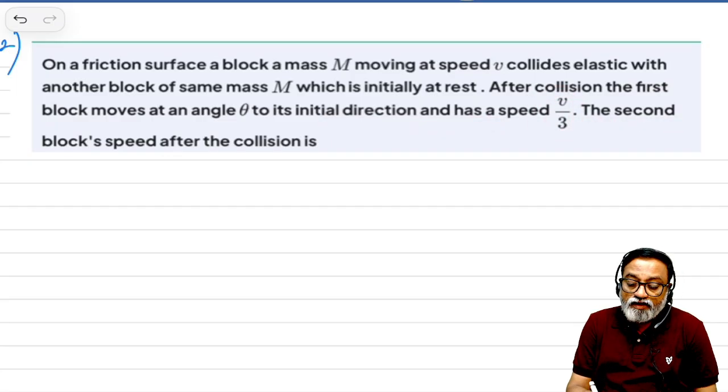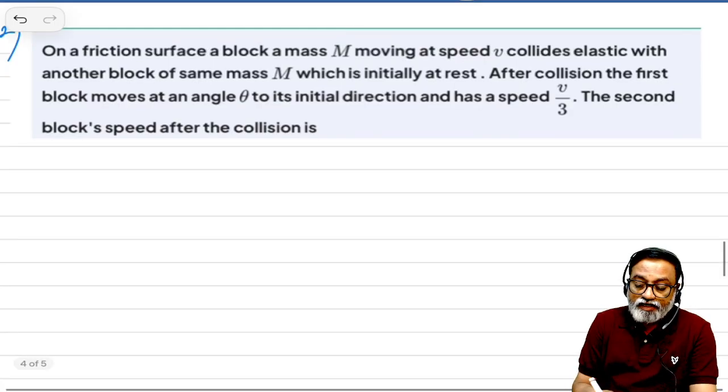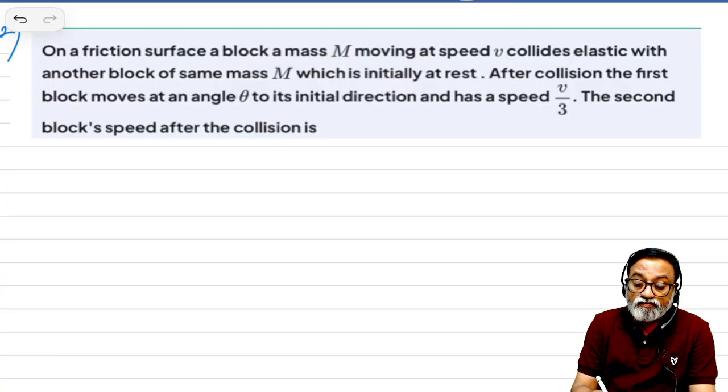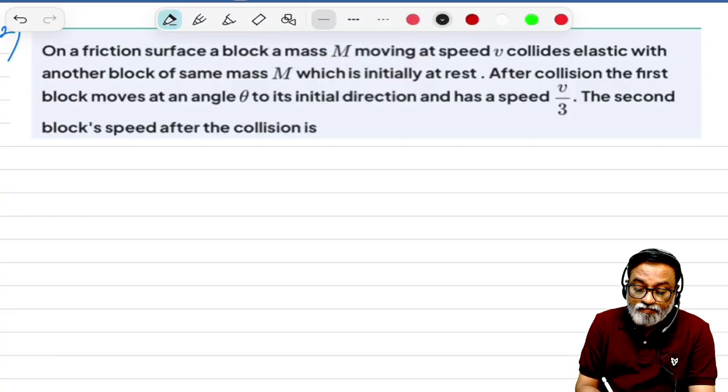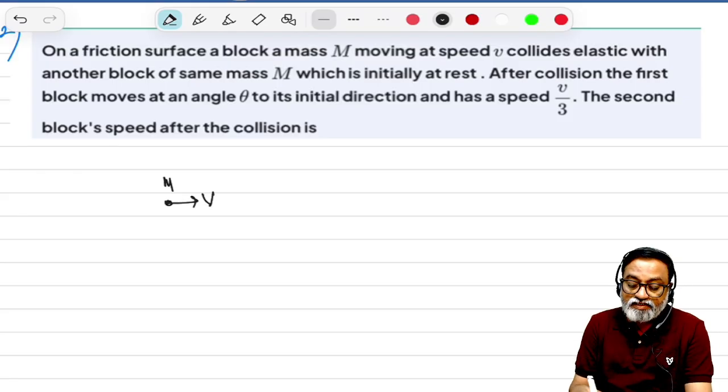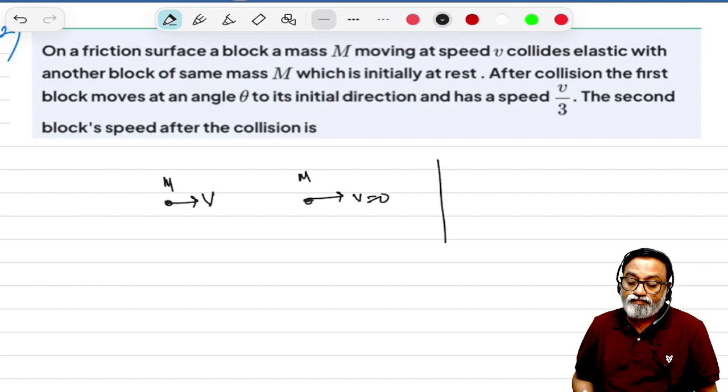See here. First, we have to draw that diagram. A block of mass m moving with a speed v collides elastically with another block of the same mass, which is initially at rest. Therefore, its velocity is equal to 0.